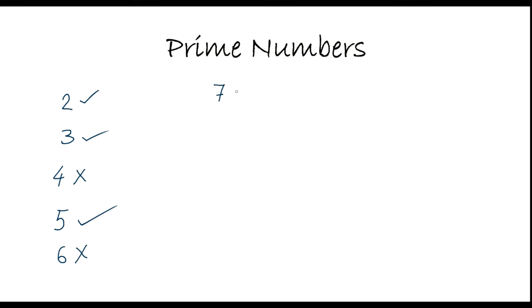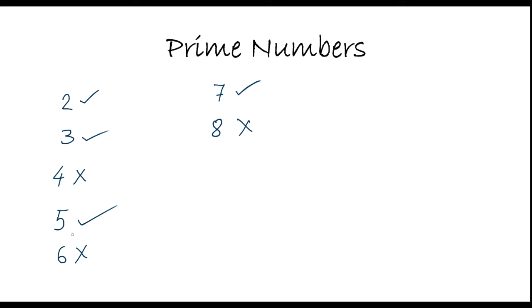And it cannot be divided by any other number other than 1 and itself. So it is a prime number. We have 8. It can be divided by 1 and 8 and 2 and 4. So it cannot be a prime number.